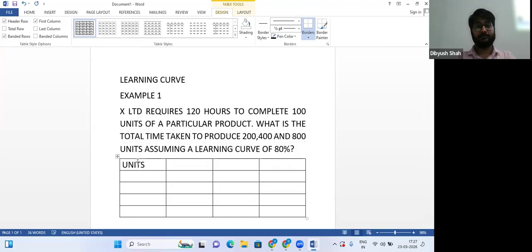Units, total time taken. See this. X Limited requires 120 hours to complete 100 units of a particular product.